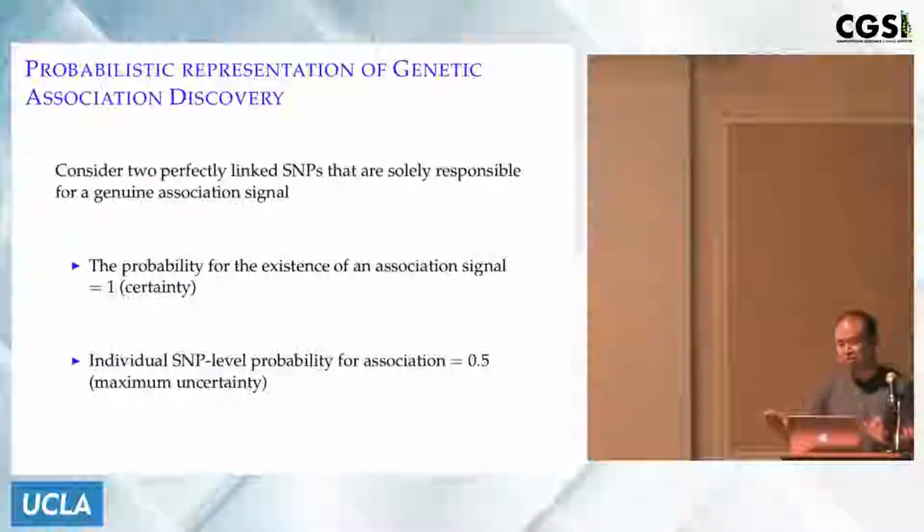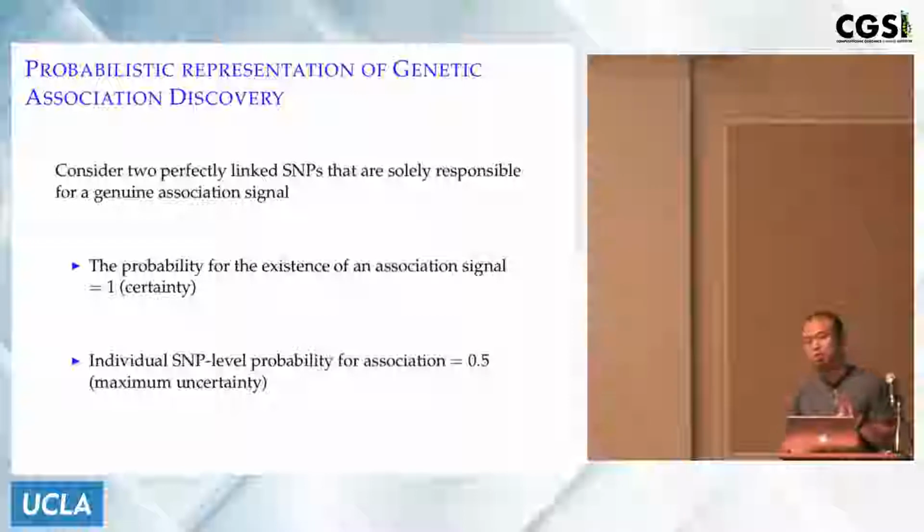If that's still vague to you, let's consider a very simple example. In statistics we always say there is an oracle, and I'm going to play that oracle and say there are two perfectly correlated SNPs responsible for a single genetic association. They are perfectly correlated, I know that.